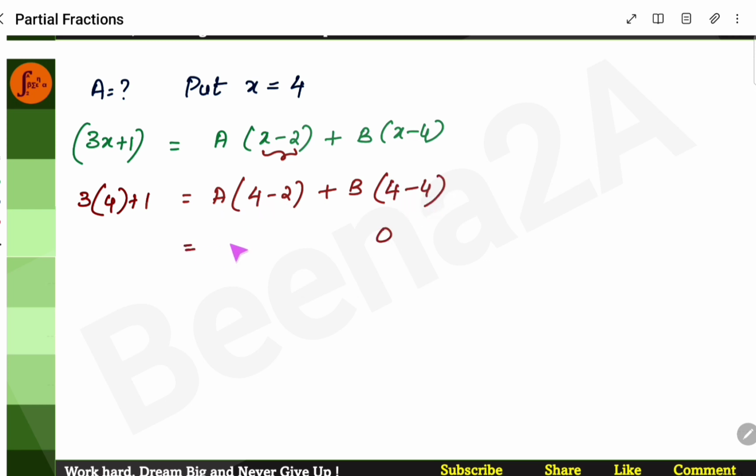This will become 4 minus 2 is 2, 2 into a. This will be 3 4s are 12, 12 plus 1 is 13. Therefore what is a? 2a is equal to 13. I'll bring down 2 because this is multiplication. When I shift it to the other side, it will become division. So it will become 13 by 2. So a is 13 by 2. So we got the value of a also.